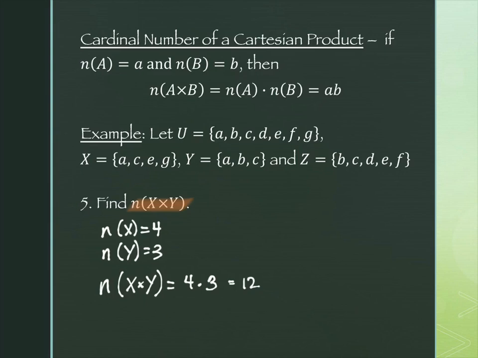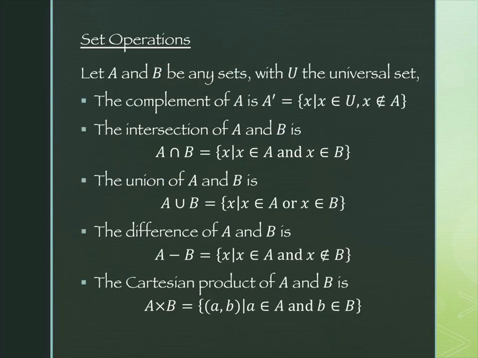Okay? Let me know. All right, so the next screen is a fantastic place for us to put all of what we've done together. These are all the set operations that we've discussed here. So when it comes to doing your homework, your quiz, your exam, this chart, putting it all in one place, will be a helpful place for you to look. These are the 5 different ones we've discussed.